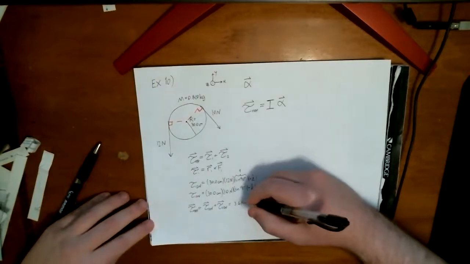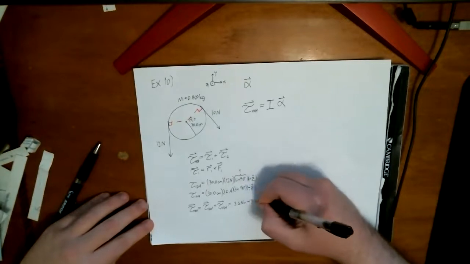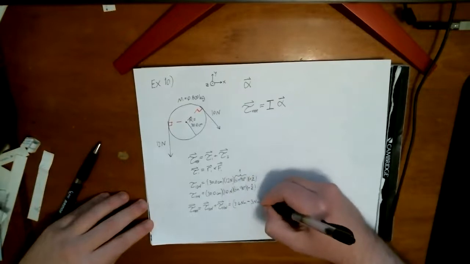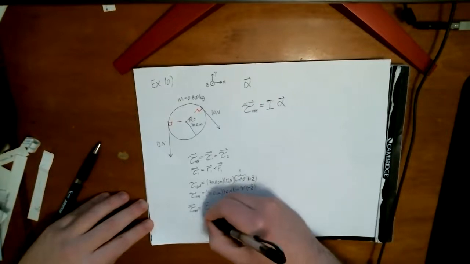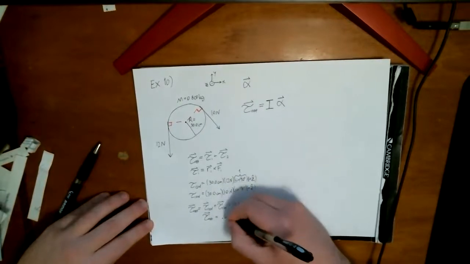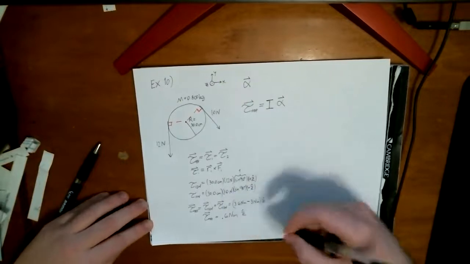And then 3 Newton meters from the 10 Newton torque, which gives us a net torque of 0.6 Newton meters in the positive z direction.